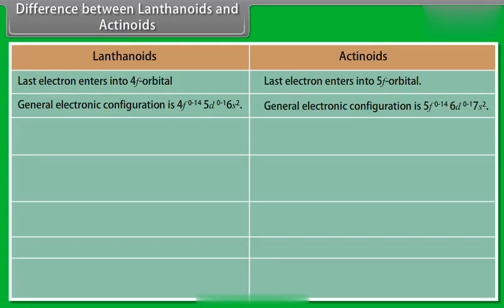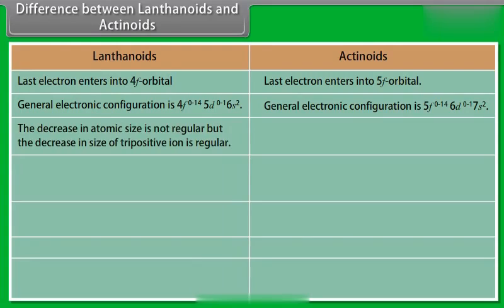In lanthanoids, the decrease in atomic size is not regular, but the decrease in size of the tripositive ion is regular. Whereas in actinoids, there is a gradual decrease in the atomic and ionic size.